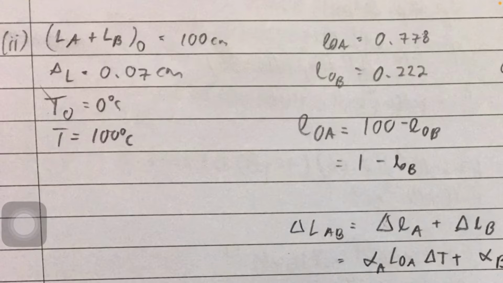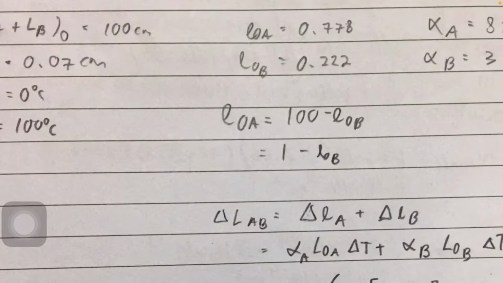If we convert to meters, we get 0.07 times 10 to the power of negative 2 meter. So T naught is 0 degrees Celsius, and T is 100 degrees Celsius.